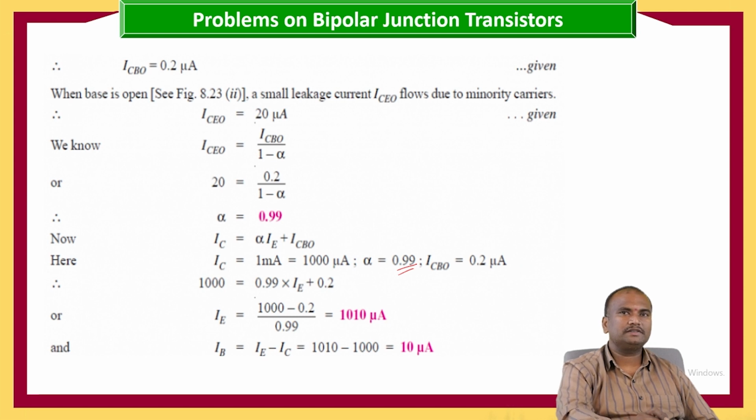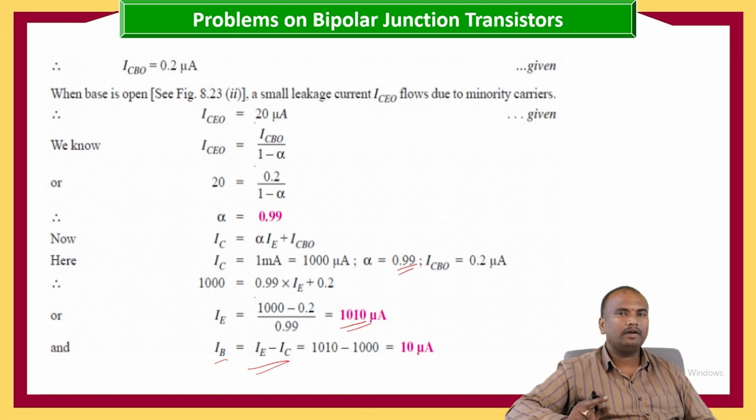Here from this, 1000 microamperes is equal to 0.99 into IE plus 0.2 microamperes, that is IE is equal to (1000 minus 0.2) by 0.99, which is equal to 1010 microamperes. The base current is equal to IE minus IC, that is 1010 minus 1000, which is equal to 10 microamperes.